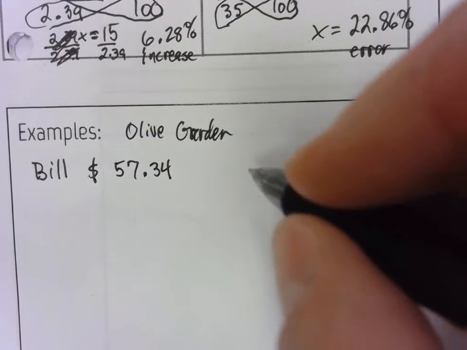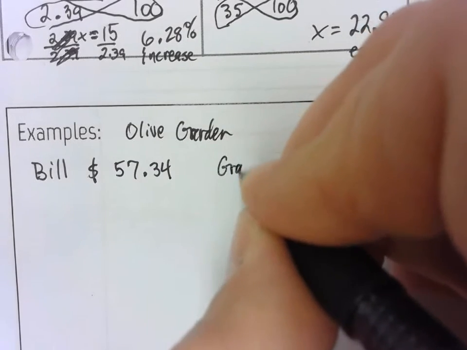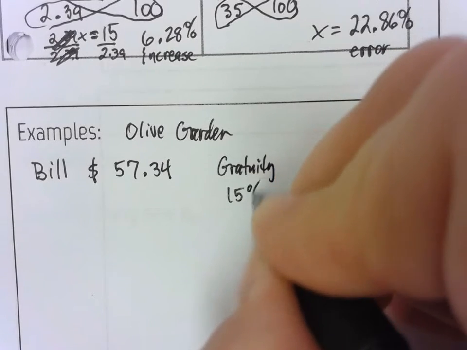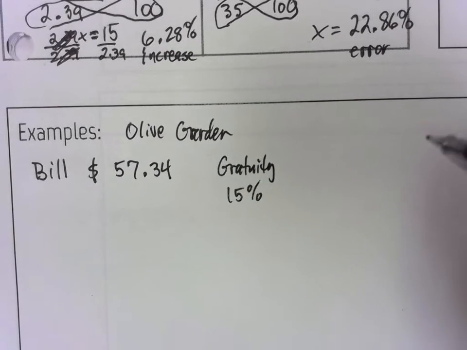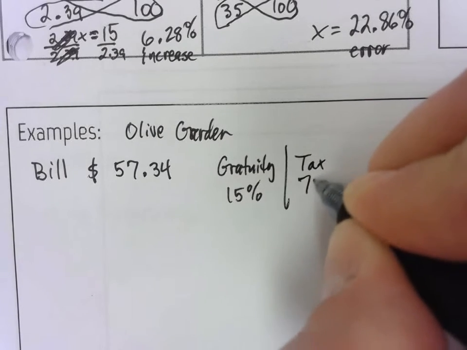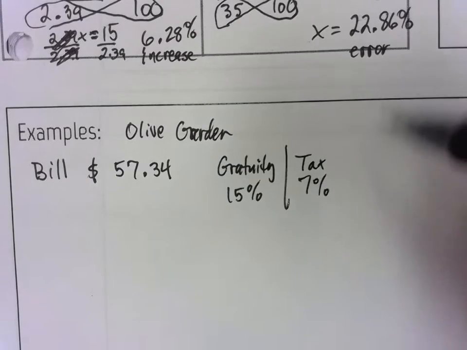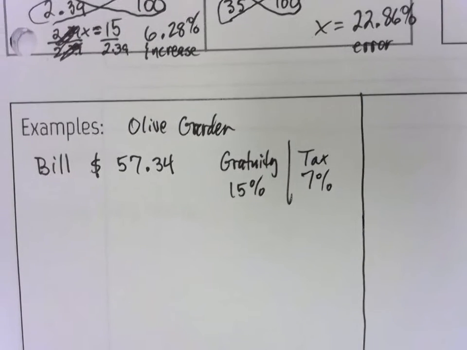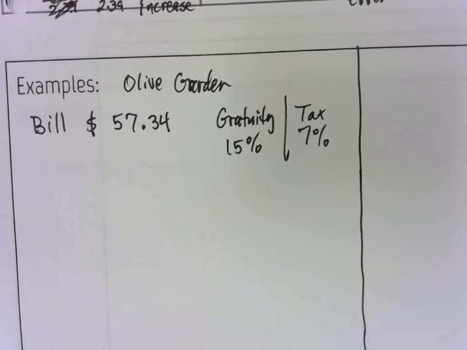Now we're going to leave a gratuity of 15%, and we're going to do a tax of 7%, and then we are going to find out how much total we're going to pay on our bill at Olive Garden. So let's go through this and break it down one little step at a time.